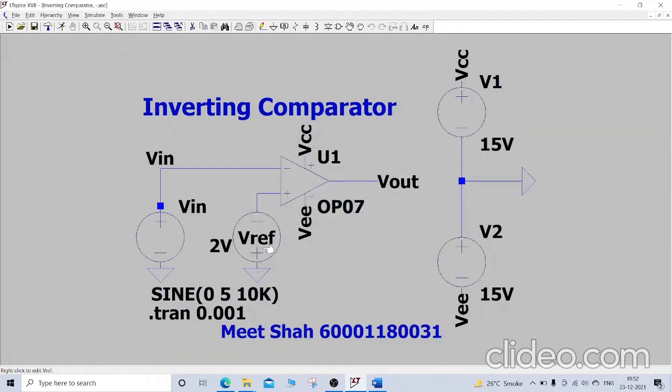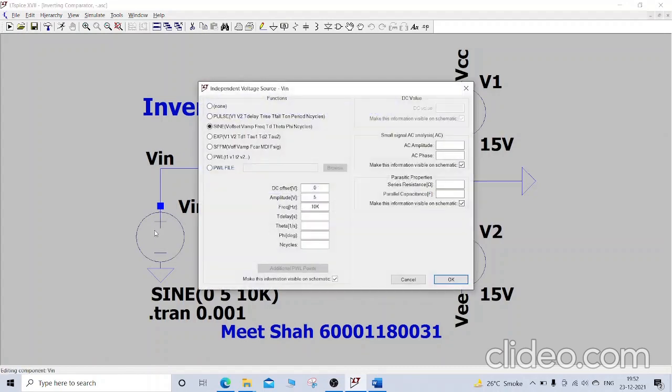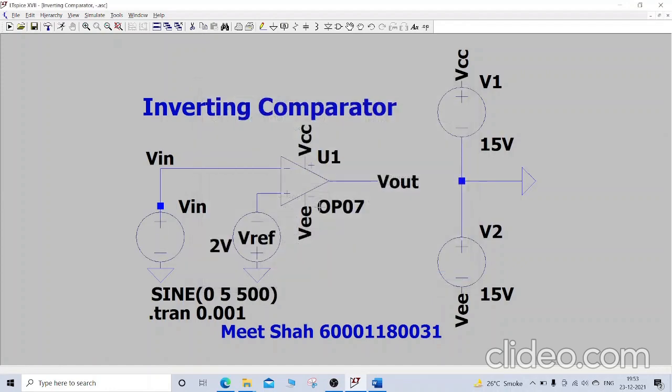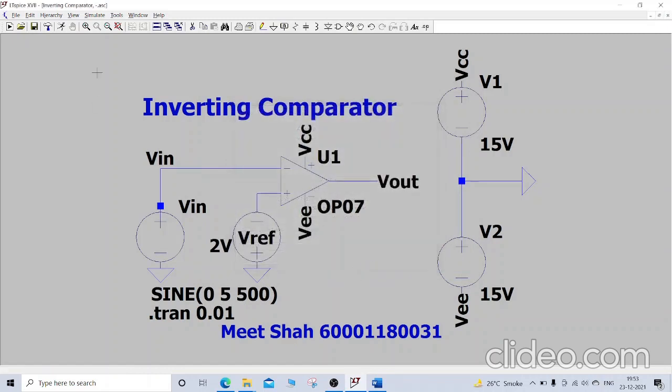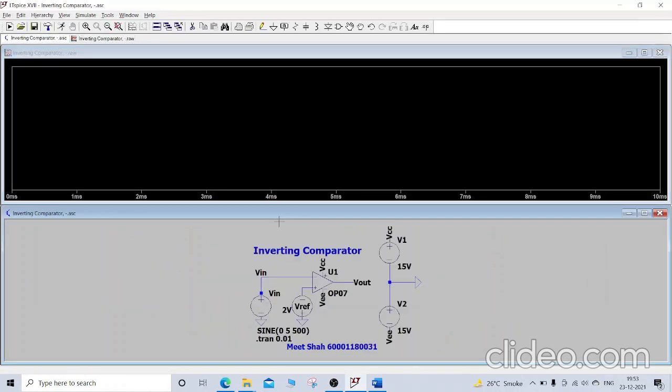In this also we similarly start with 500 hertz to see what output we get. We give the time period as 0.01. So we'll run this simulation.